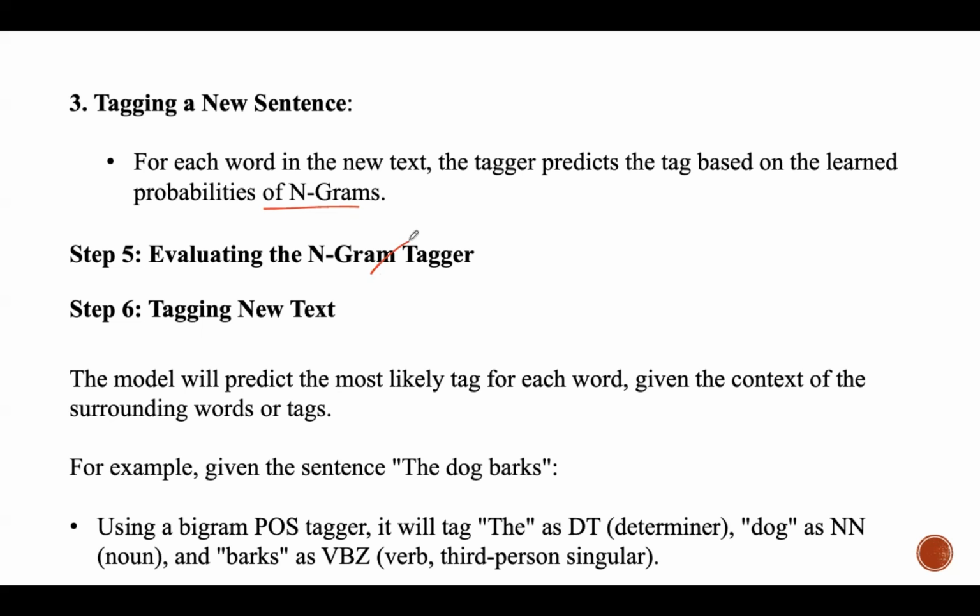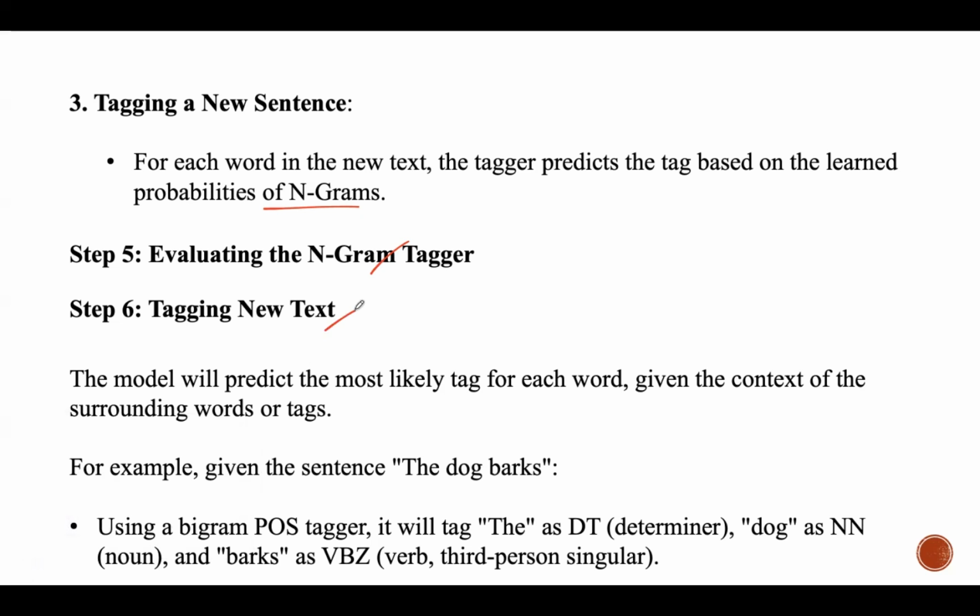This is done using metrics like accuracy, that is the percentage of words correctly tagged, and metrics like precision, recall, F1 score, which are especially useful for more granular tagging tasks like named entity recognition. To evaluate, you need a test dataset with labeled tokens and tags separate from the training corpus.